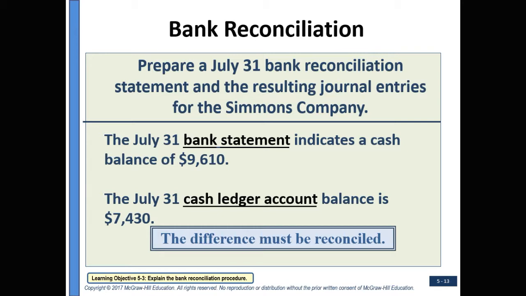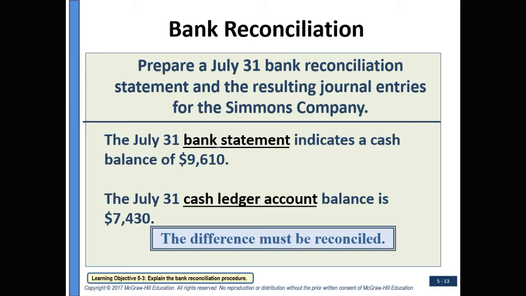Your cash ledger account, so your cash account per the books, on that date shows a balance of $7,430. The difference between the two, why is there a difference, needs to be reconciled. Through this reconciliation, we can find errors, we can find potential theft, we can find fraud, we can find all kinds of things that might happen.